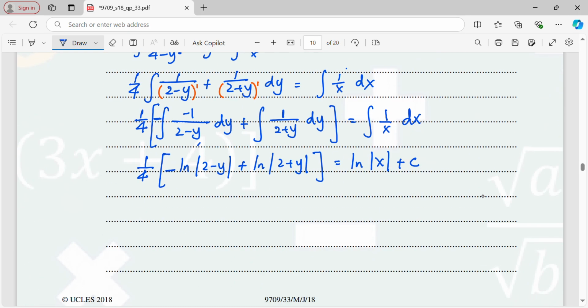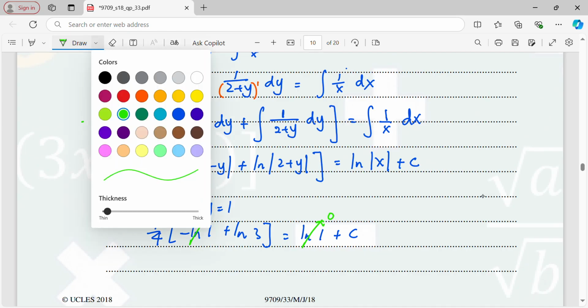So x is 1, y is 1. Then from here, I will write 1 over 4 minus ln of 2 minus 1, which is 1, plus ln of 2 plus 1, which is 3 because your y is 1. And on the right side, ln x is ln 1, then plus c. So basically, ln 1 is 0. So my c is 1 over 4 ln 3.